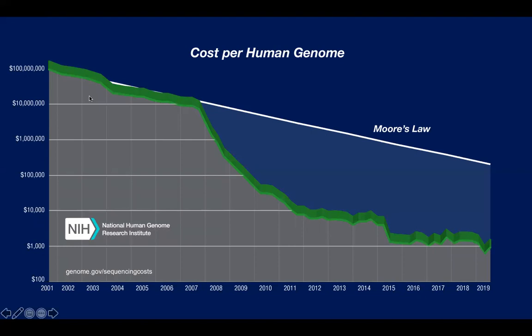So we can also look at this as the sequencing costs per human genome, basically taking those numbers from the earlier slide and standardizing them by the length of a human genome. So we basically started out with $100 million in 2001, and right now we're at about $1,000 per genome.